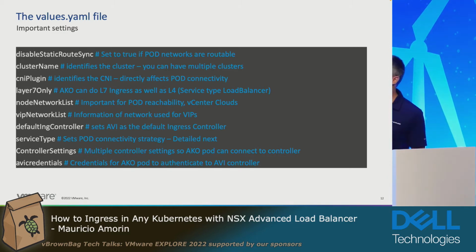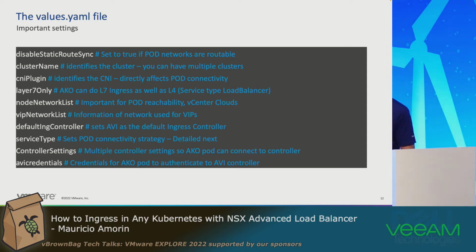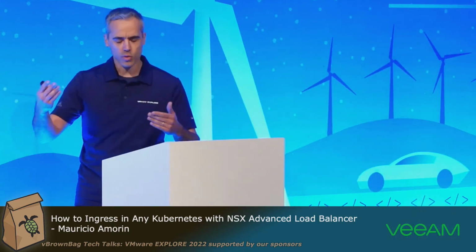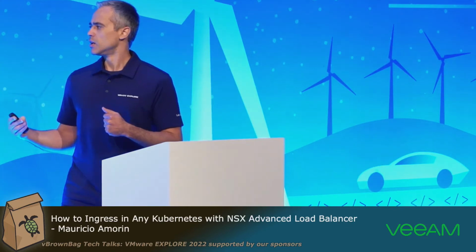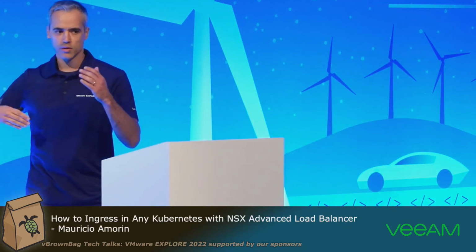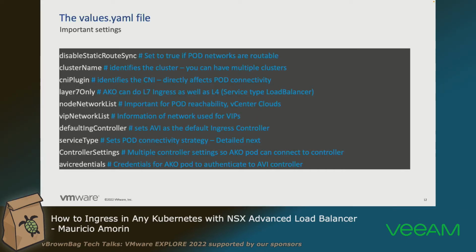But the other ones are credentials. If it's going to be the default Ingress controller, you can have more than one Ingress controller. The VIP network, so the virtual IPs that you're going to use to expose your services, CNI plugin, the cluster name. These are different parameters that are not easy, but the hardest one is the service type.